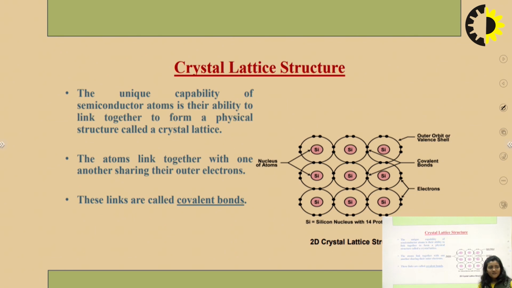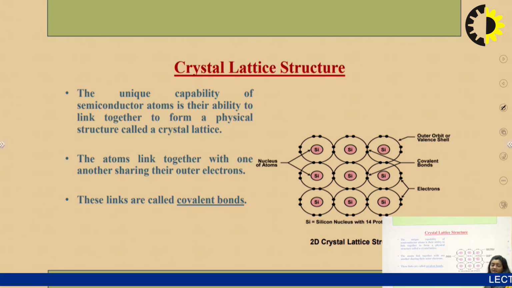Now moving next, what is the crystal lattice, the inner structure of a semiconductor? As you see, a semiconductor possesses many unique properties, one of them being that its conductivity can be modified. Another property they possess is the crystal lattice.